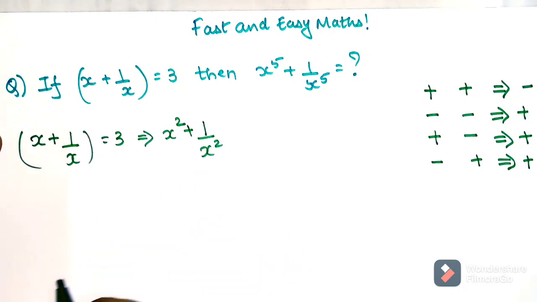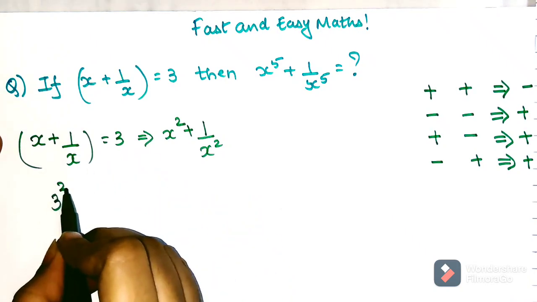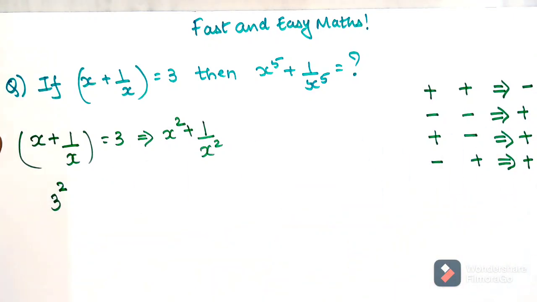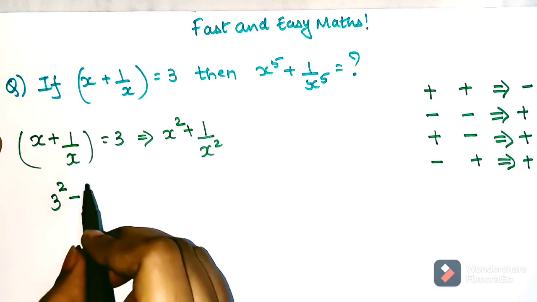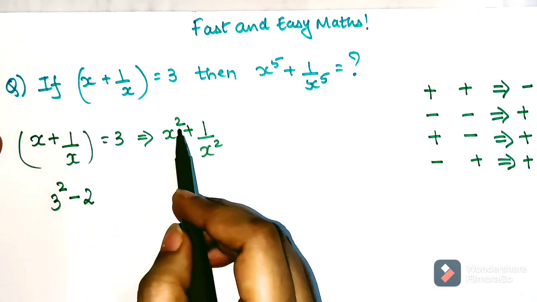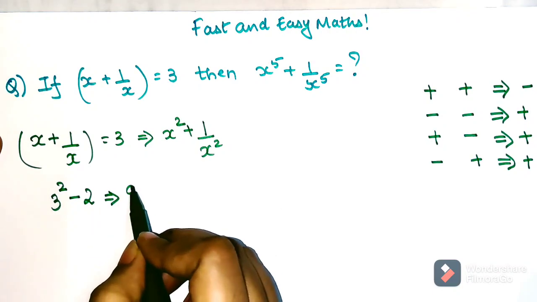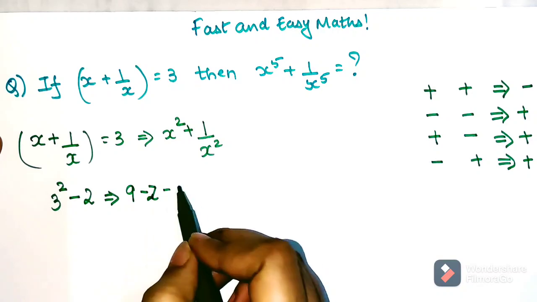In that case, whatever the value is, 3, you take 3 square, and since there is a plus and plus over here, we are going to subtract. So here we are going to subtract 2. Why? Because we are looking for a power of 2. So my final answer would be 9 minus 2, which is going to get you the answer of 7.